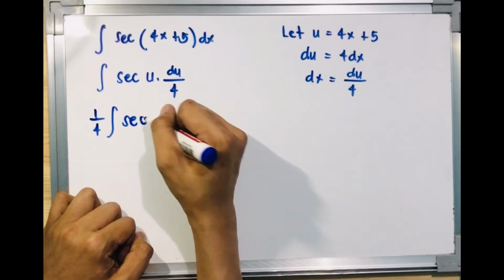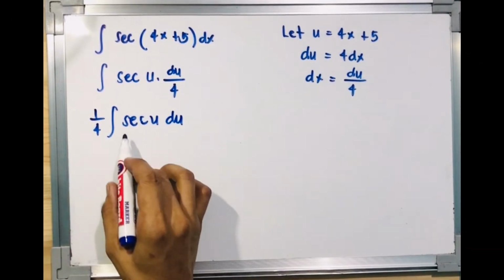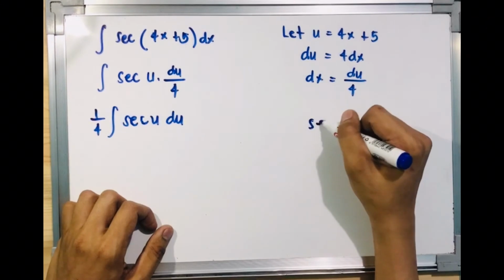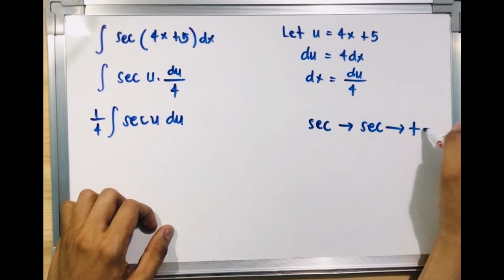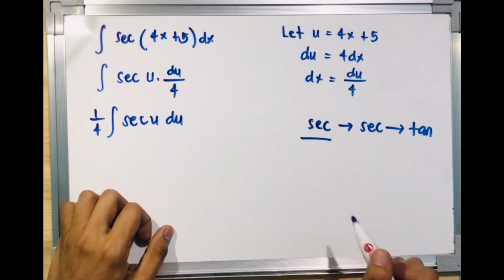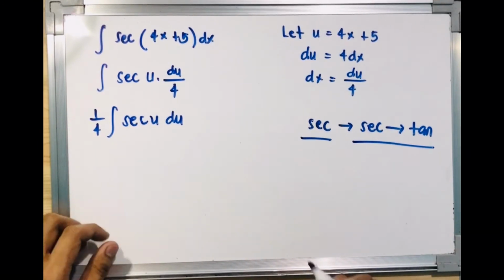So, 1/4 integral of secant u tangent u du. Siguro, tatanungin natin yung sarili natin, ano nga ba yung integral of secant u tangent u? So, alalahanin natin yung ibinigay kong sec, tan. So, kung meron ka lang secant tangent, ano yung magiging integral nun? Eh di, secant. Okay? So, napakadali lang pala.